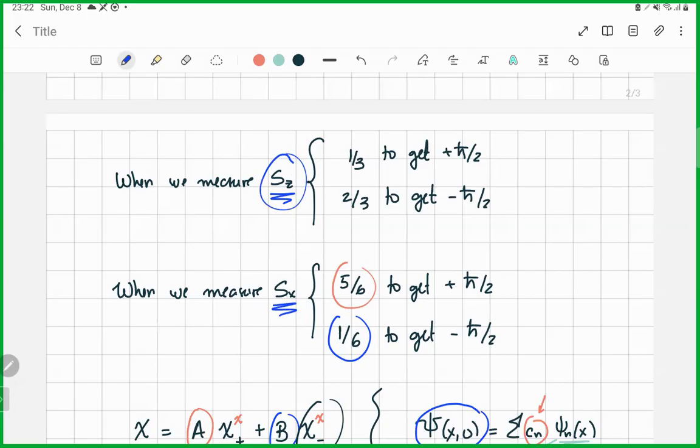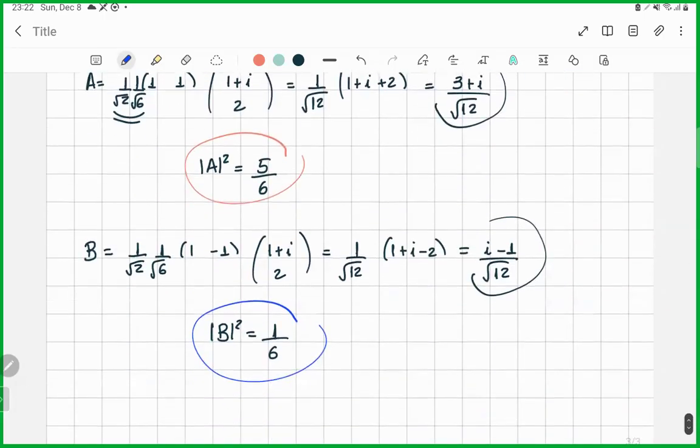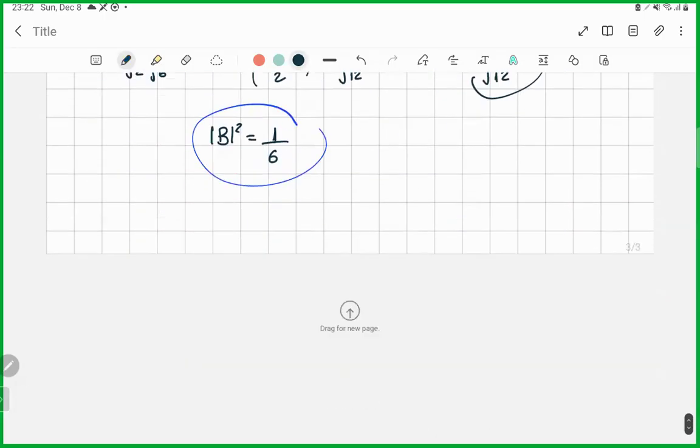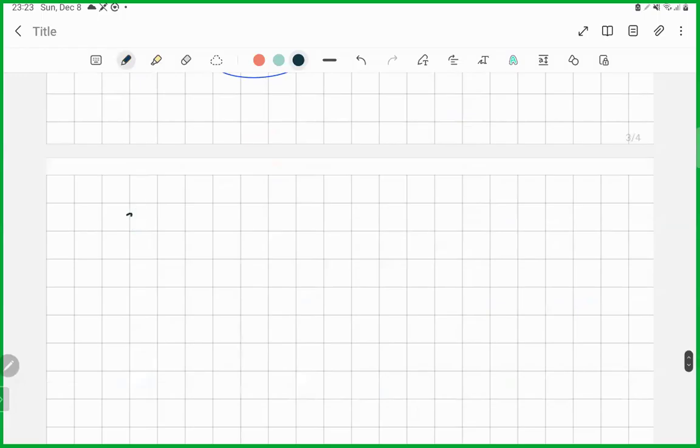How do we do that? What is the mean, the average of SZ? If we repeat this measurement many times, what is going to be this average?